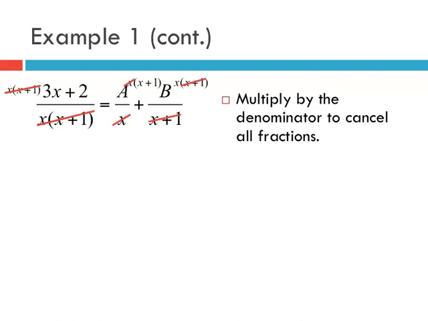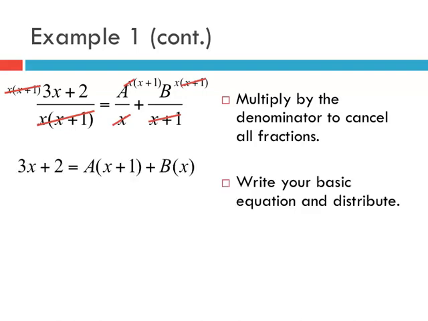So we're left with 3x plus 2 equals a times parentheses x plus 1 plus b times x. So now you have your basic equation, no more fractions. You are going to distribute. So we have a times x plus b times x.